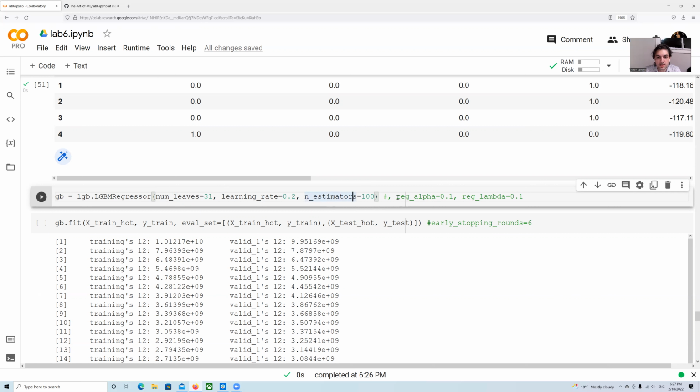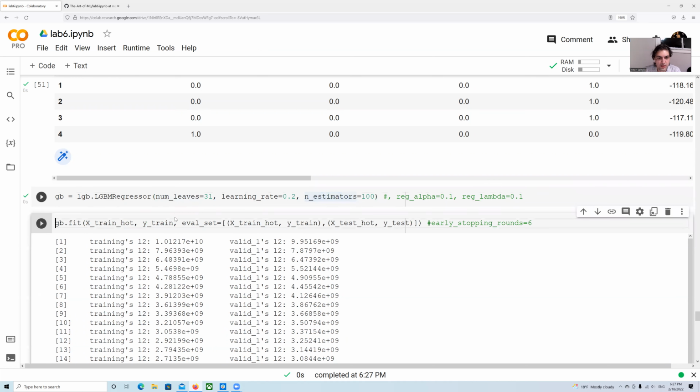You can also add regularizations, as you remember in extreme trees, that we saw in question 3. Okay, let's create this object and fit it.